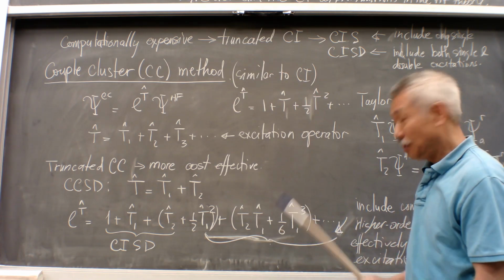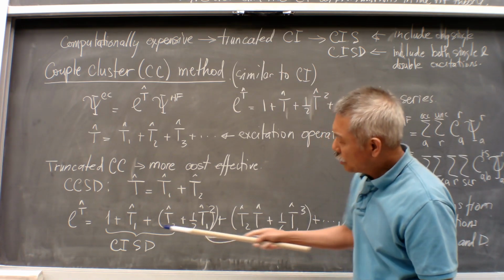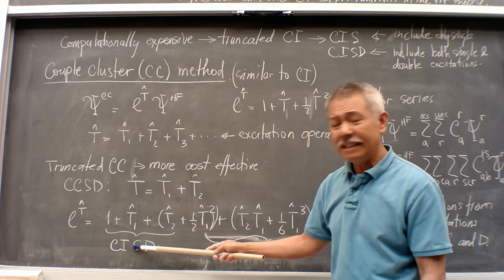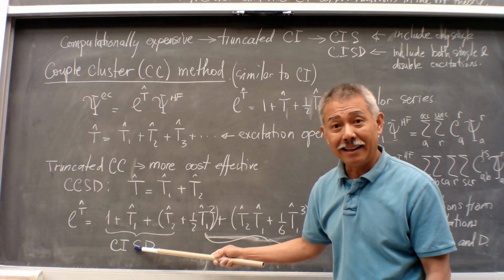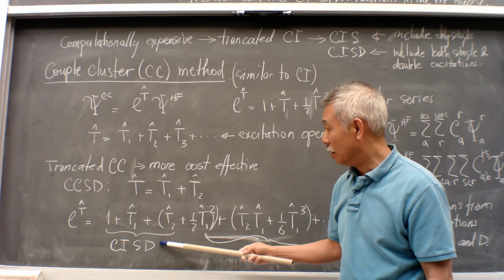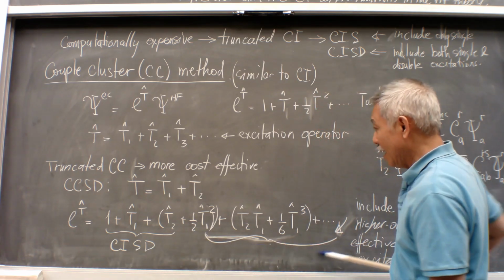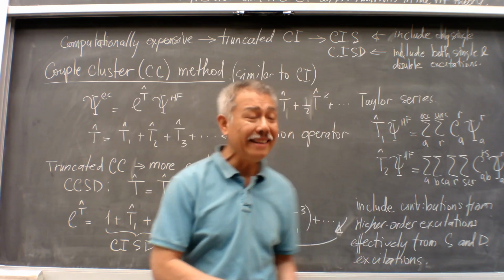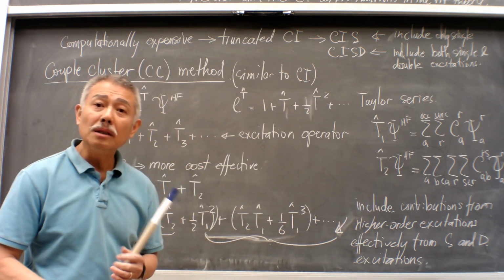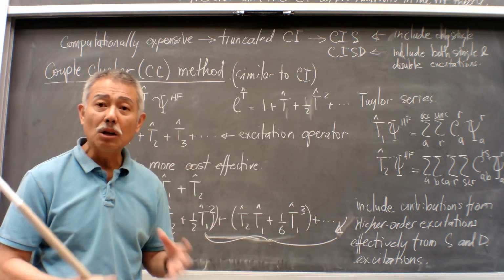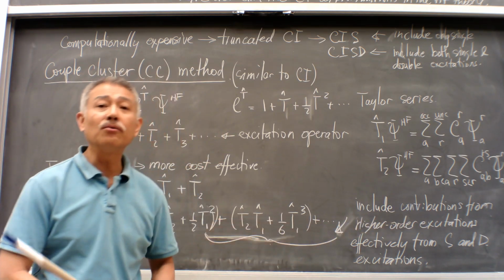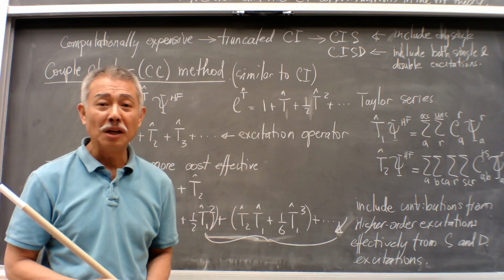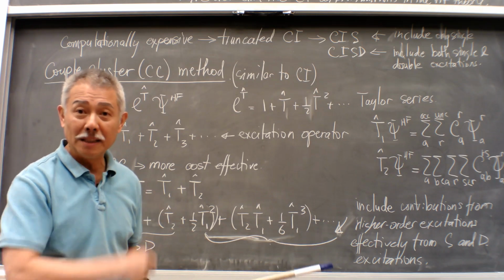You recognize that 1 plus T1 plus T2 is the same as CI singles and doubles. So what is the rest? The rest is the coupled cluster including the contribution from higher-order excitations, from what it knows from the singles and doubles in the case of truncation at single and double.